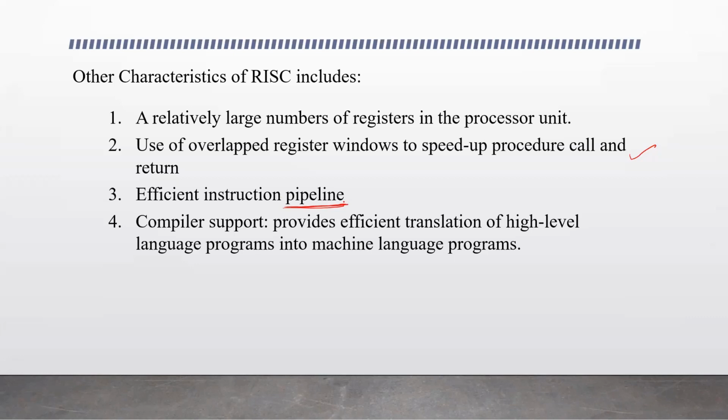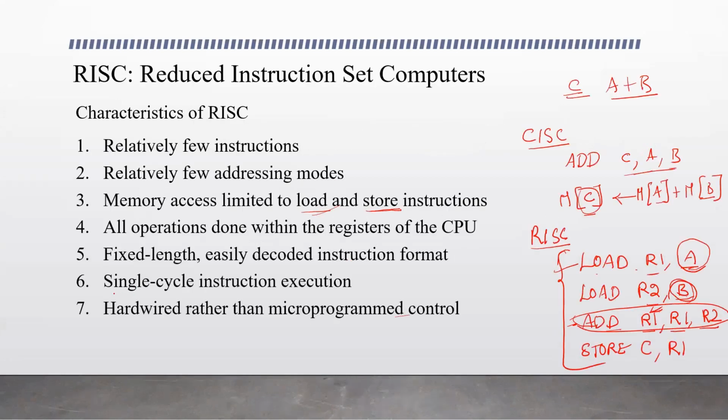Pipelining is a procedure used here. We have learned that RISC has single cycle instruction execution. RISC computers perform single cycle instruction execution by overlapping the phases of instruction execution.